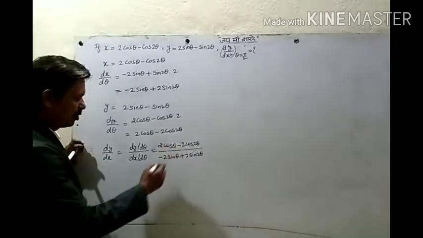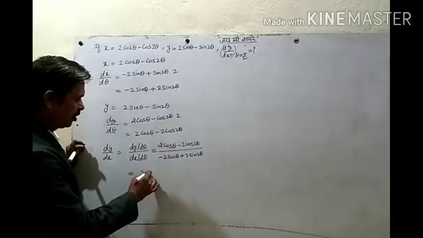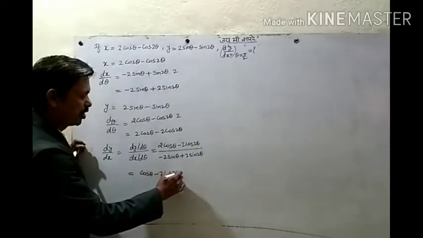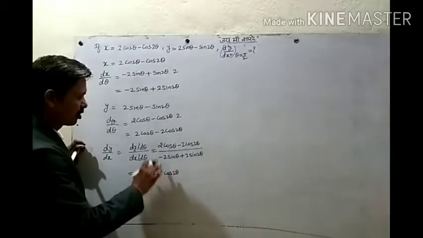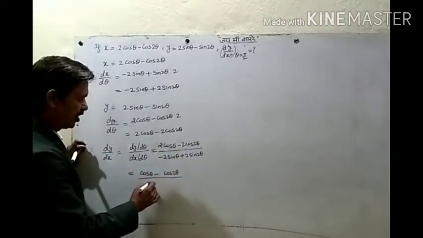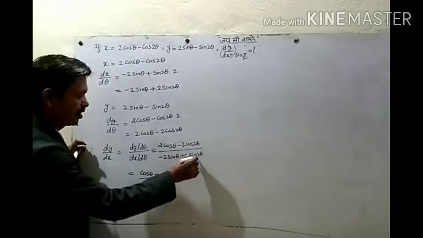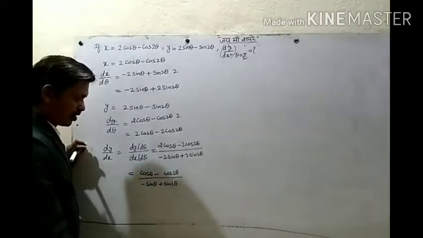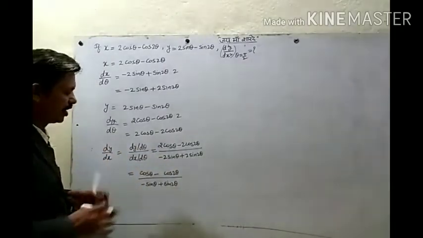The 2 can be cancelled out, so we get cos theta minus cos 2 theta upon minus sin theta plus sin 2 theta. So this is your dy by dx.